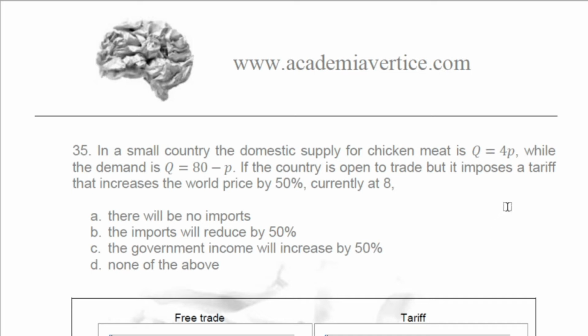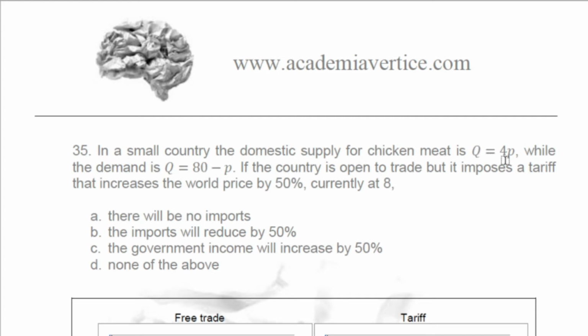If the country is open to trade but imposes a tariff that increases the world price by 50%, currently at 8, there will be no imports, the imports will be reduced by 50, etc. Well, as one possibility here is that there will be no import, we should calculate the autarky equilibrium, yeah?